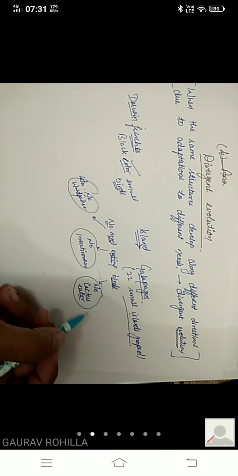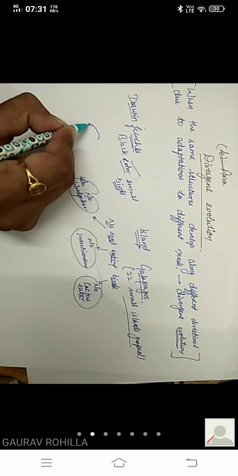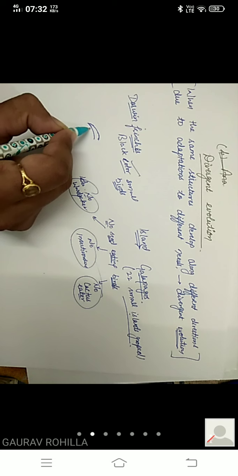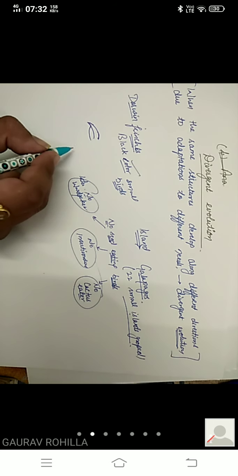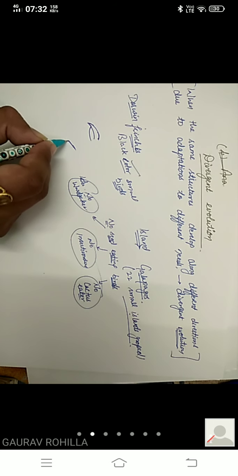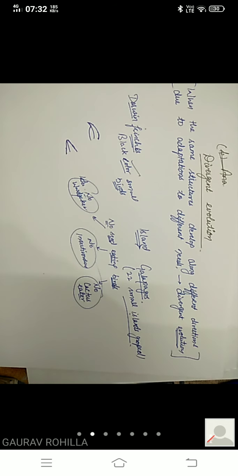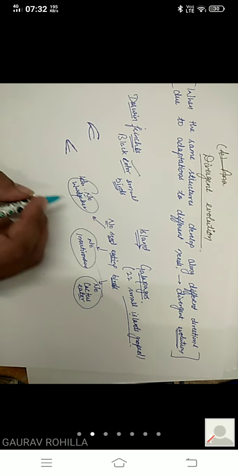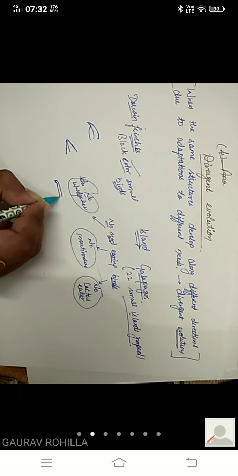Means if they are fruit eating birds, the beak shape is like that of a parrot. If they are seed eating birds, their beak shape is like a sparrow. If they are carnivorous, their beak shape is like a crow.